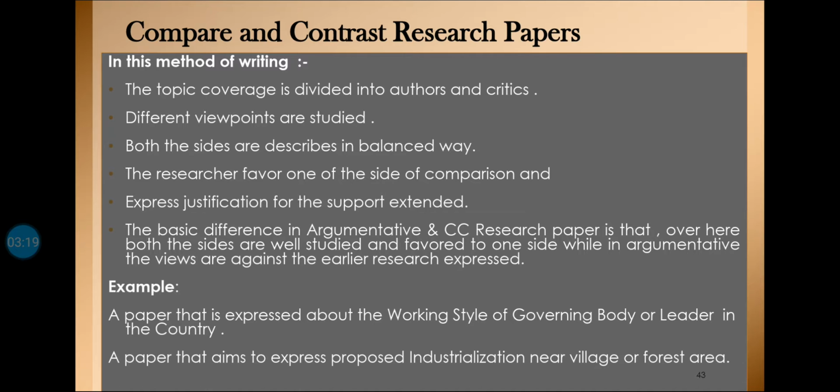It means expressing which work the research writer feels is more appropriate. Express justification for the supported extent. If the research writer supports a particular part, either the critics or those conducting the particular research, that is, either side of the comparison, why the writer is supporting that particular group needs to be justified.